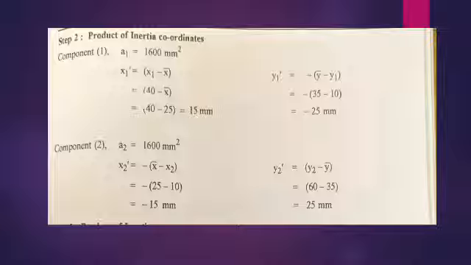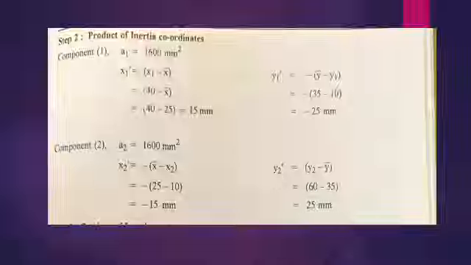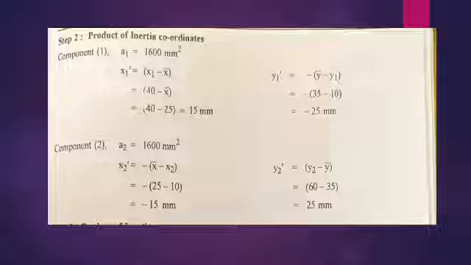Here the y bar value is greater when compared to y1. Therefore, we write y bar minus y1, or otherwise you write y1 difference y bar. You have to subtract the smaller one from the greatest. You get the value for y1 dash as minus 25 mm.